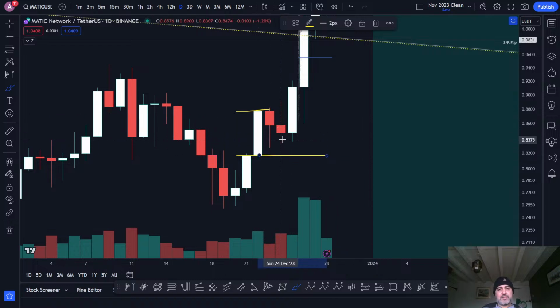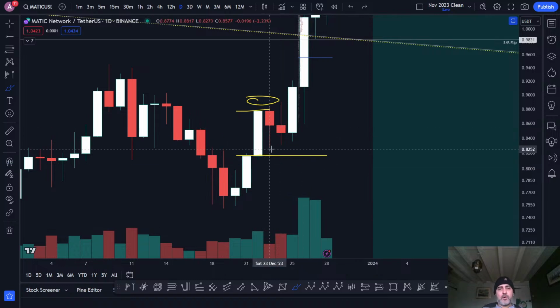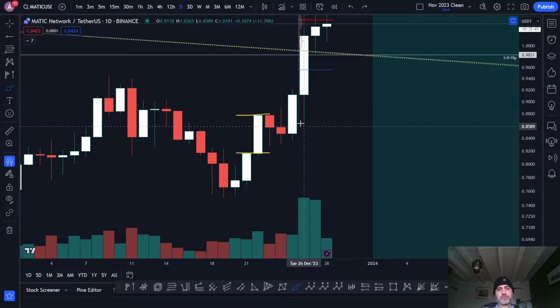This second red candle took the liquidity and needed to close down here, and it couldn't even close lower than the previous red candle. So two days in control, and it failed to close lower on the second day. That's why it went up. Literally, that's why it went up.